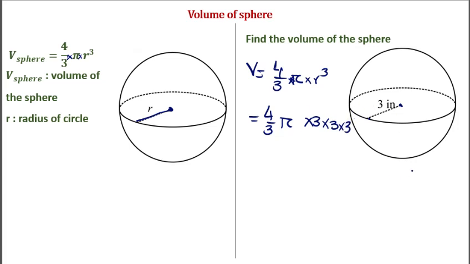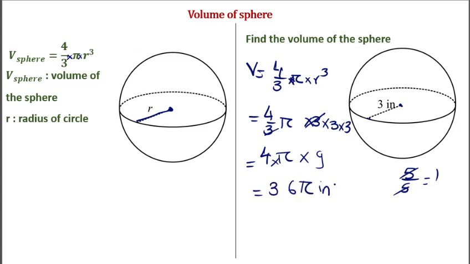You can cancel the numbers that are above each other. Cancel 3 with 3. Then we have 4 pi times 9. 4 times 9 is 36 pi inch cube. That is the volume of the sphere.